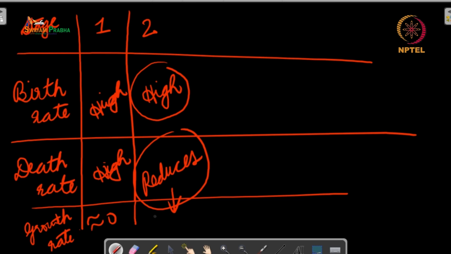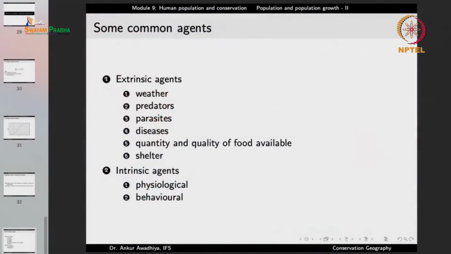But in the second stage, you have a very high growth rate, because you have a large number of births and low number of deaths. And so the population increases, the population explodes like anything, and which is what we have observed in a large number of countries. With the advancements in science and technology, most of the countries move to a phase where they have an exploding population growth rate.